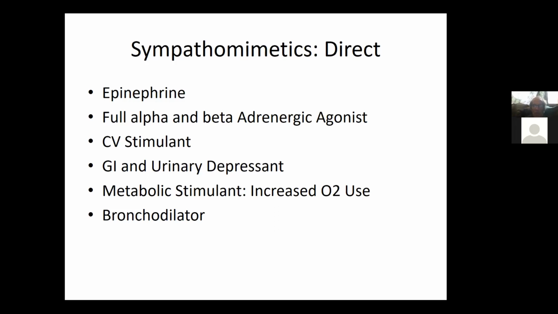So in other words, the neurotransmitters, hormones, or drugs are, in the case of the sympathomimetics, directly binding to adrenergic receptors of the alpha and beta subtypes, all of which are G protein coupled receptors.